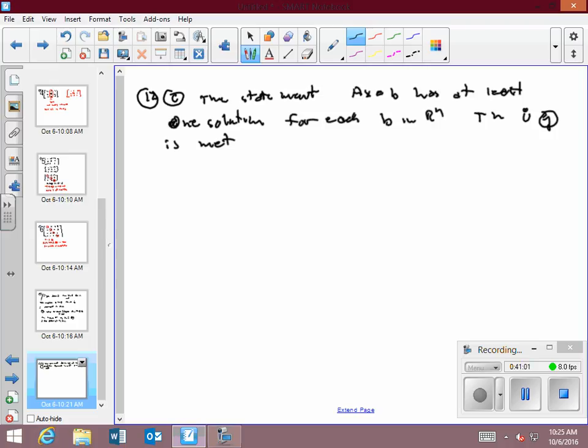So this statement implies that this is met, right? And then theorem 8A is met, which says that A is invertible.